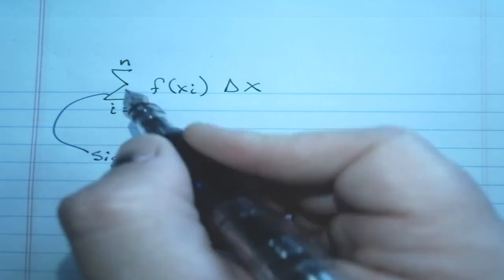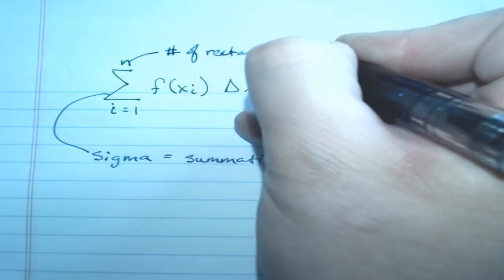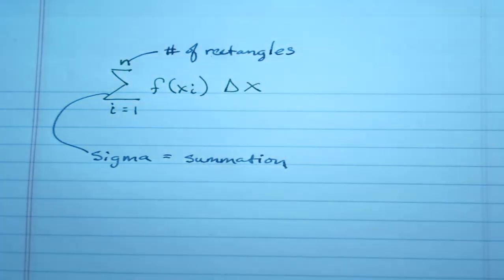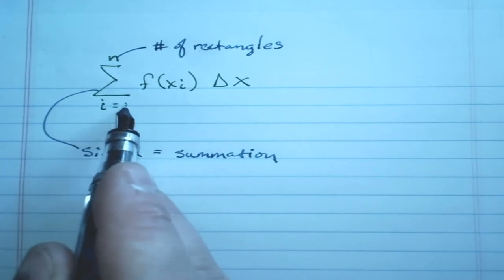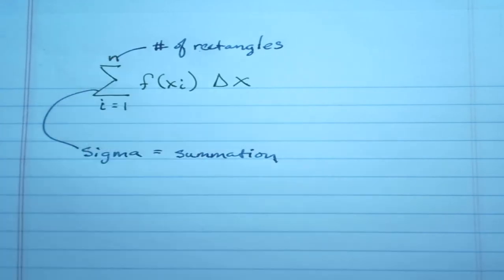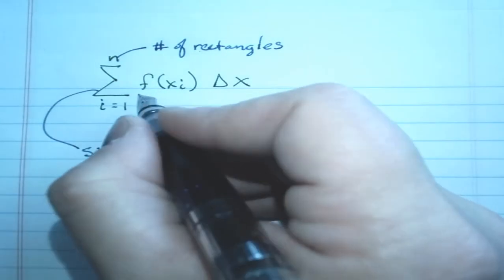I equals 1 to n. This is the number of rectangles in your Riemann sum. So if this goes 1 to 5, you have 5 rectangles. So start with rectangle number 1 and go to rectangle number 5. That's what that means.